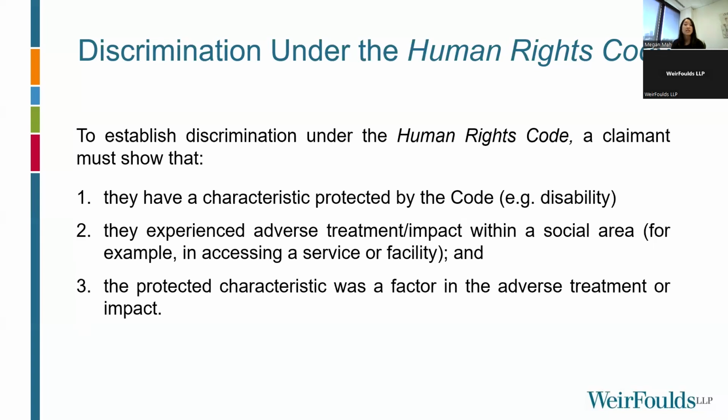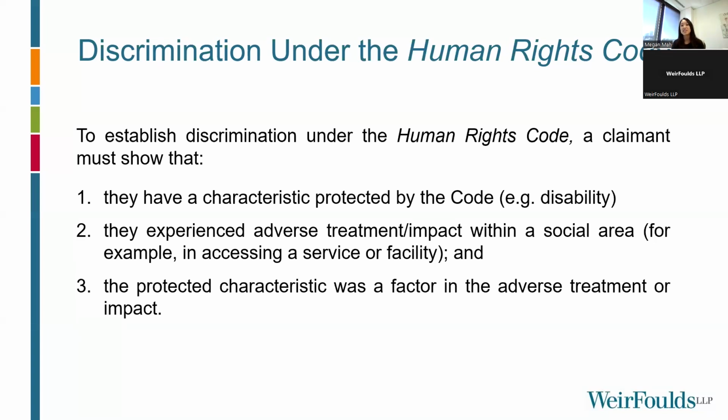They also have to show that they've experienced some kind of adverse treatment or impact within a social area. For example, access to a service or a facility, or discrimination within the social area of employment. And then finally, that claimant would have to show that that protected characteristic was a factor in the adverse treatment or impact that they experienced.